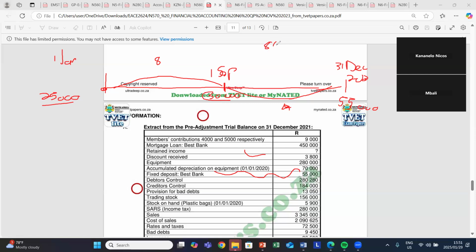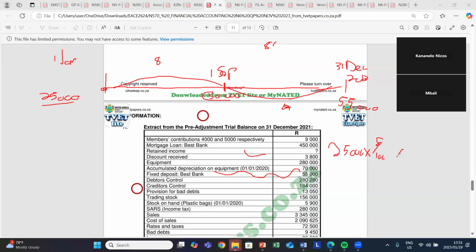We'll calculate the interest on fixed deposit before and also after an increase. Before we increased our amount, we invested 25,000 rand. So 25,000 multiplied by the rate, 8%, multiplied by the months we invested for.